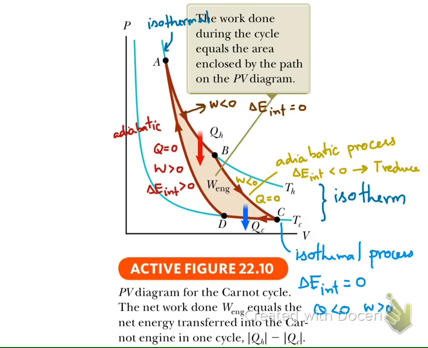Because the working substance is an ideal gas, the internal energy depends only on the temperature. So in this step, the temperature increases, and the temperature, volume, and pressure change back to the initial state. So we complete the cycle, and we can repeat the cycle again.